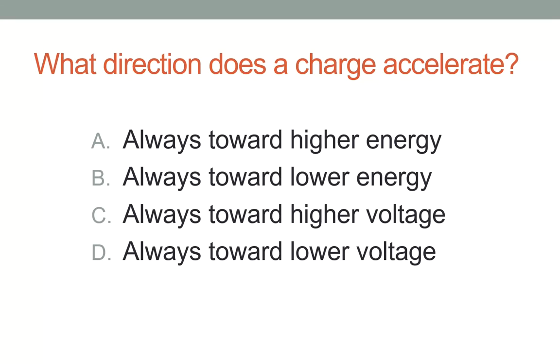It goes to lowest energy. It tries to go to lowest potential energy, being specific. So an electric charge will be accelerated toward lower potential energy. That's the way physics works.